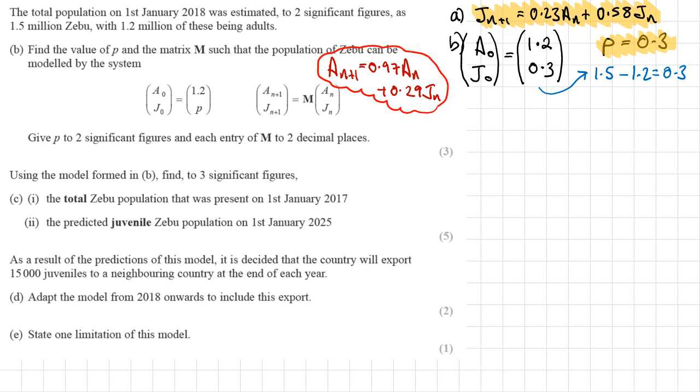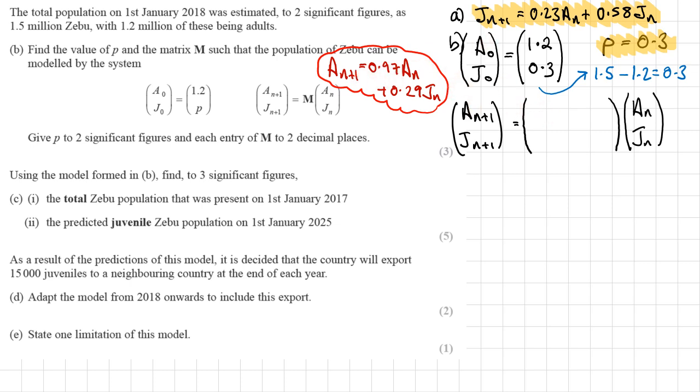I basically just need to put that in matrix form. So let's do that. So A sub n plus 1, J sub n plus 1 is going to be equal to, now what I'm going to have is the adults and the juveniles here, and I just need to put in the correct coefficient so that I form these two equations.